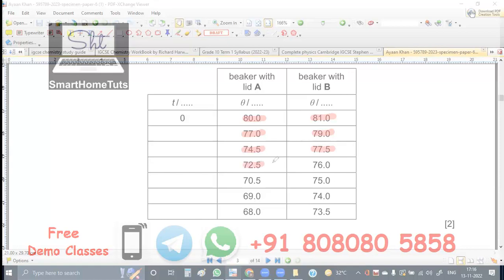You can see here the fall in temperature is approximately 3 degrees Celsius. Here the fall in temperature is 2 degrees Celsius. Here it is 2.5. Here it is nearly 1.5. So you can see here there is a lesser fall in temperature. Here there is a quicker fall.